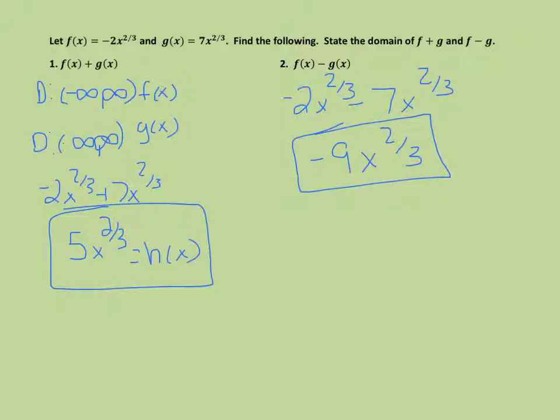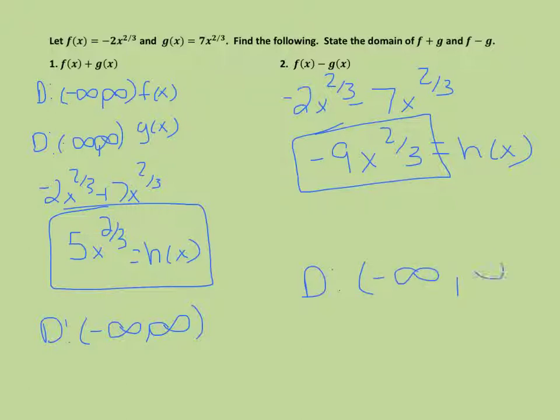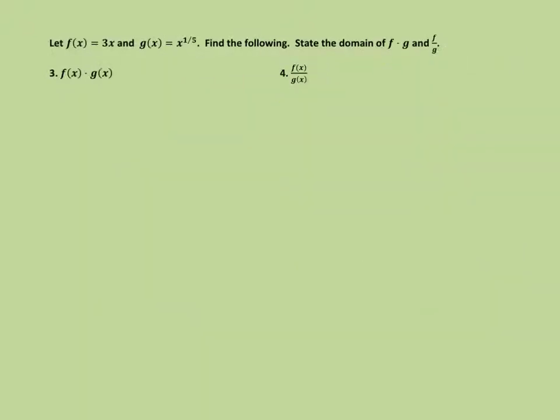So we've done that. Now it said state the domain of this. It is still negative infinity to infinity, because domain is all the possible x values. Same for this. There's nothing we can't take the cube root of. Got to make sure that's in the exponent. Okay? So there's the adding and subtracting.